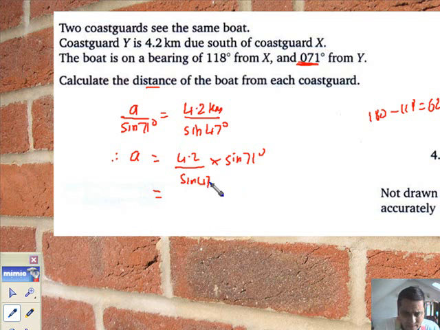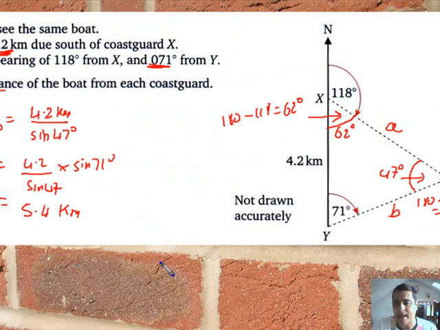Make it nice and clear. Right, divide by sine 47, and then we're going to multiply by the sine of 71, and that gives us 5.43. Let's go one decimal place because that's 1 dp, isn't it? So that's going to be 5.4 kilometers away. So that's that.